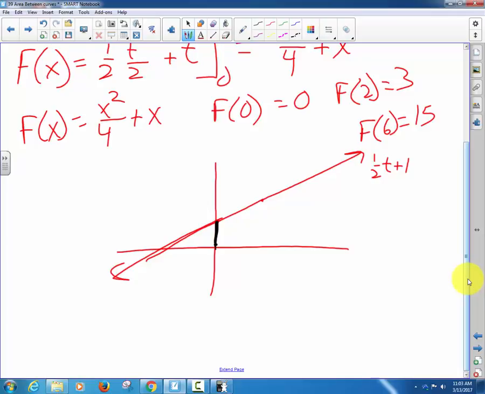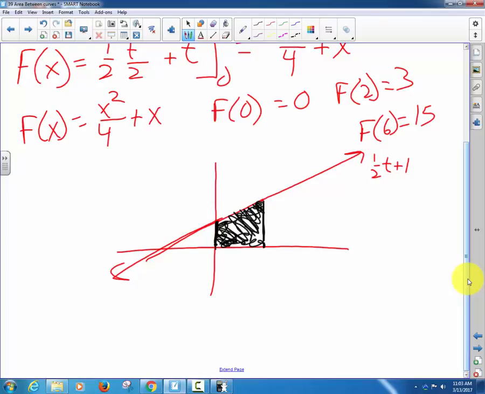What if we come over here to 2? If we come over to 2 and draw a line up, that's the area from integrating from 0 to 2 that we would get there. Okay? And how do I know that area is 3 there?